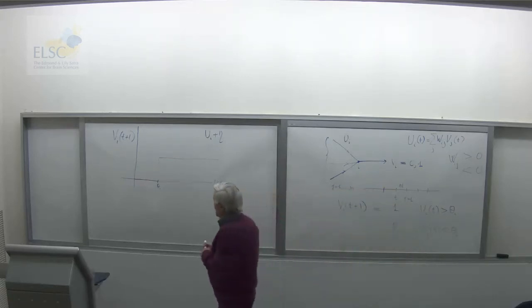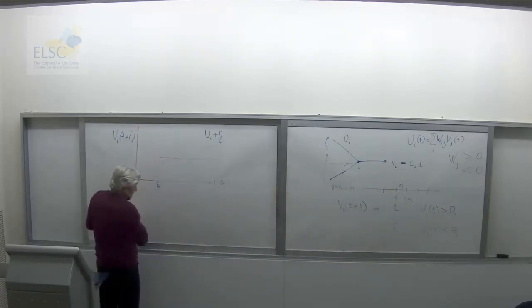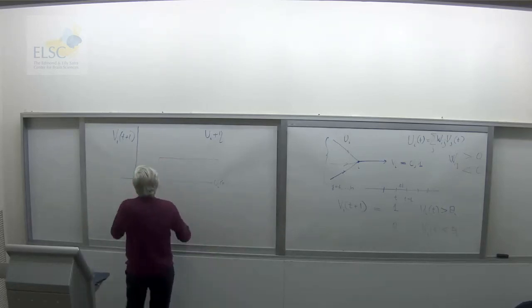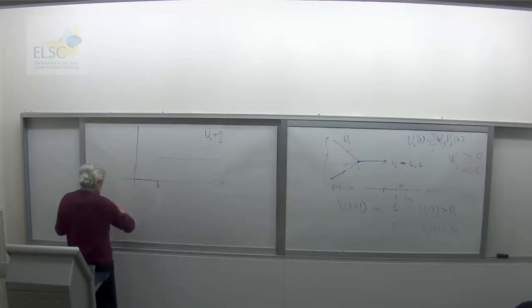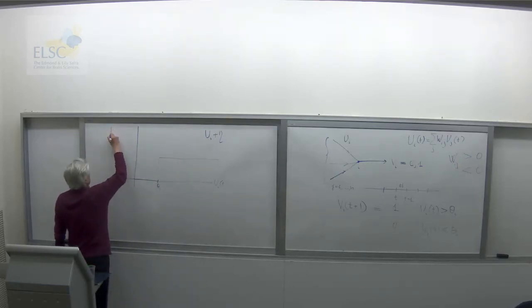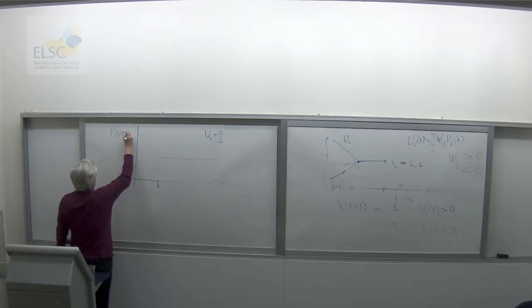If I change the notation here, from now on we shall interpret the vertical axis as the probability P that V_i(t+1) equals 1.